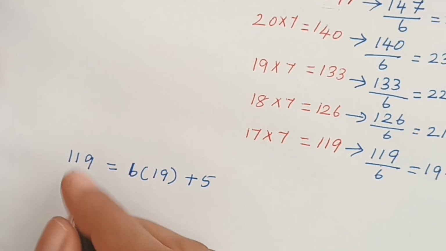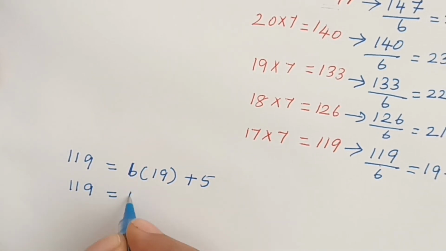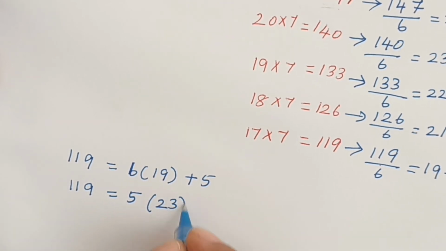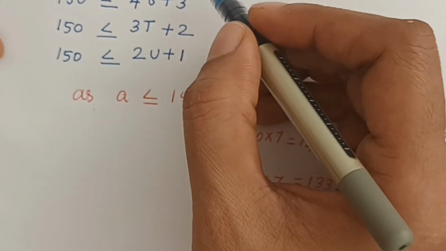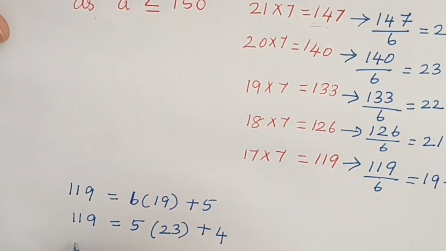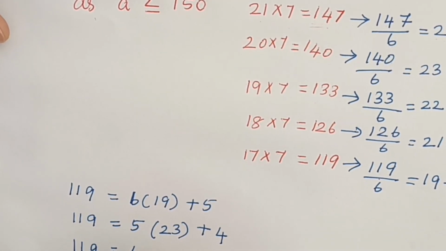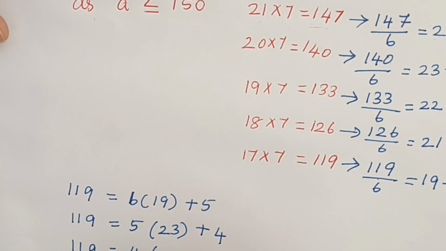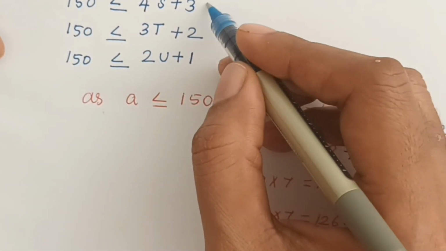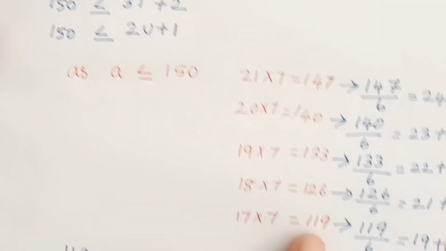If we divide 119 by 5, we get 23 plus remainder 4. I hope now this criterion is satisfied. Now we move to the next: 119 divided by 4 will be 29 plus remainder 3. I hope this is satisfied.